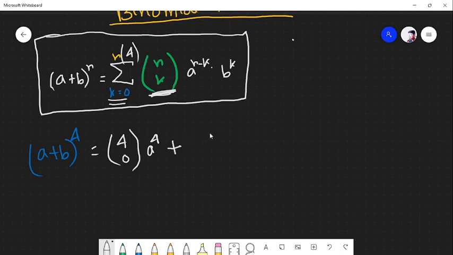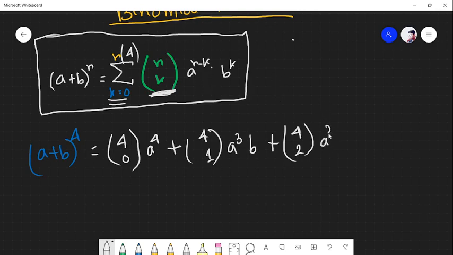Then there is 4 choose 1. k will be increased up to n, and it will stop. So 4 choose 1, here n is 4 and k is 1, so 4 minus 1 is 3, a cube, and b to the power 1, which is b. And similarly 4 choose 2, and 4 minus 2 is 2, and b is 2, plus 2 more terms.